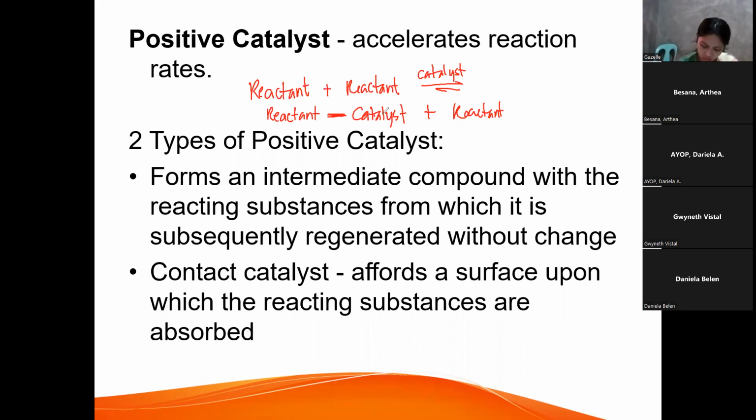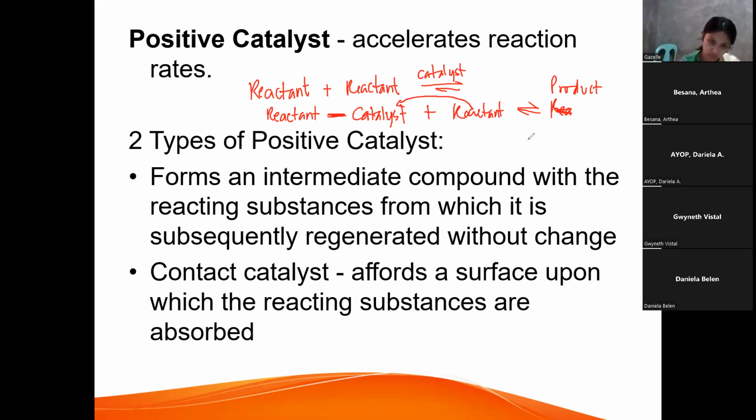So pag nag-combine yan silang dalawa, mag-speed up ang reaction, mas maa-attract yung another reactant dito sa combined reactant catalyst na compound na ito. Now, pag na-attract siya, mabilis mangyayari ang reaction. Ang mangyayari, yung dalawang reactant dyan ay re-react to form the product.